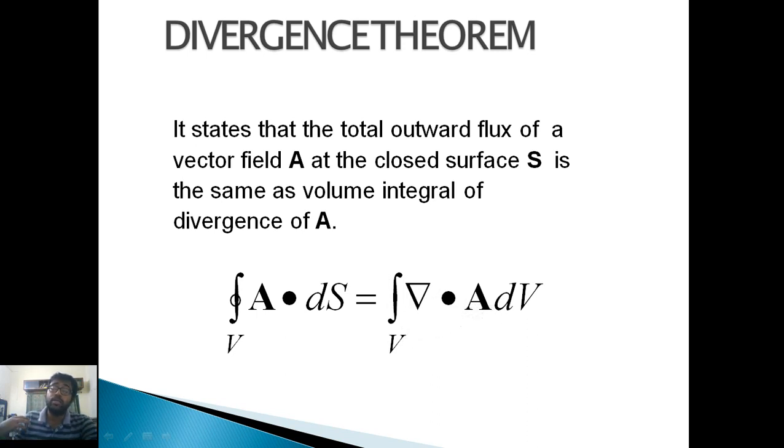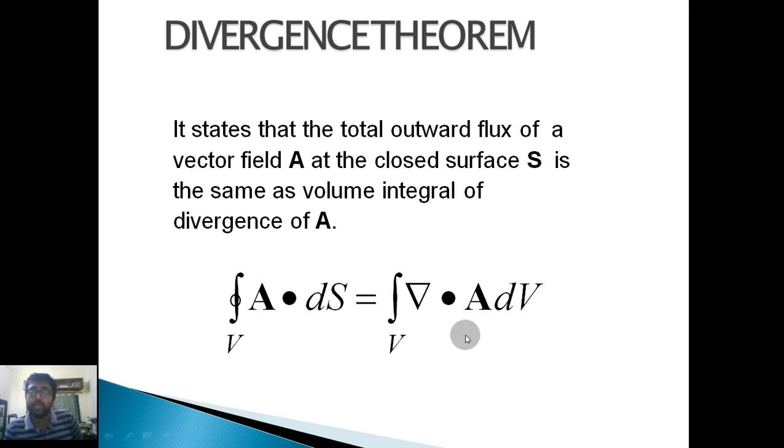The volume integral of the divergence of a vector will provide you the net outward flux. The same applies for the closed surface integral of vector field A.